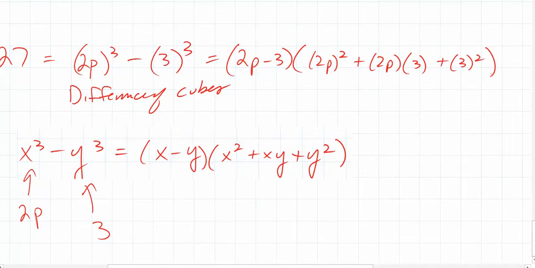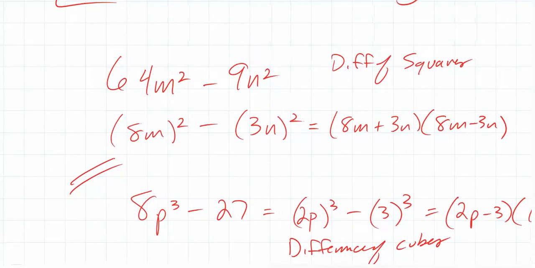Can you multiply that out a little bit and clean it up? What's 2p times 3? 6p. What's 2p squared? 4p squared, because 2p times 2p is 4p squared. And what's 3 squared? So you can multiply it out a little bit, but this was just a total direct application of the formula.